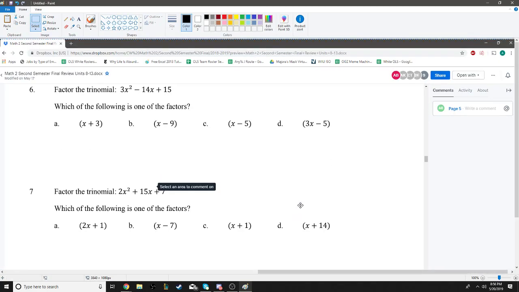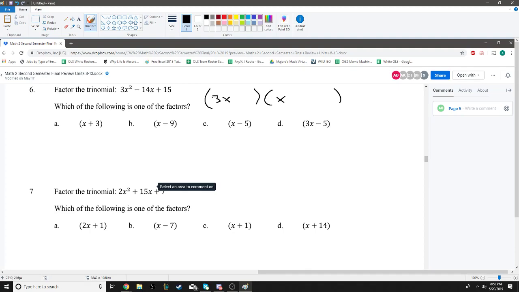Okay. So factor the trinomial. So when we factor it, we know the front two need to multiply. 3x squared, that's a 3x and an x. And we know the back ones need to be 15.